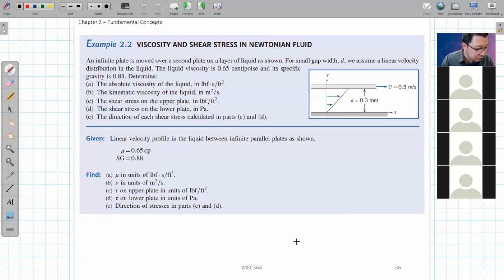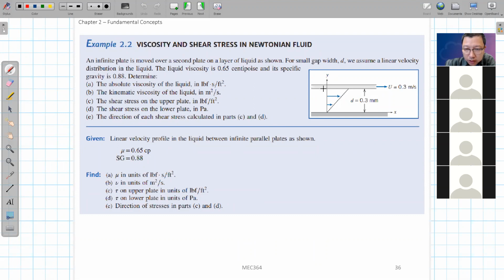Please read this problem description. All right, so let's go through this together.